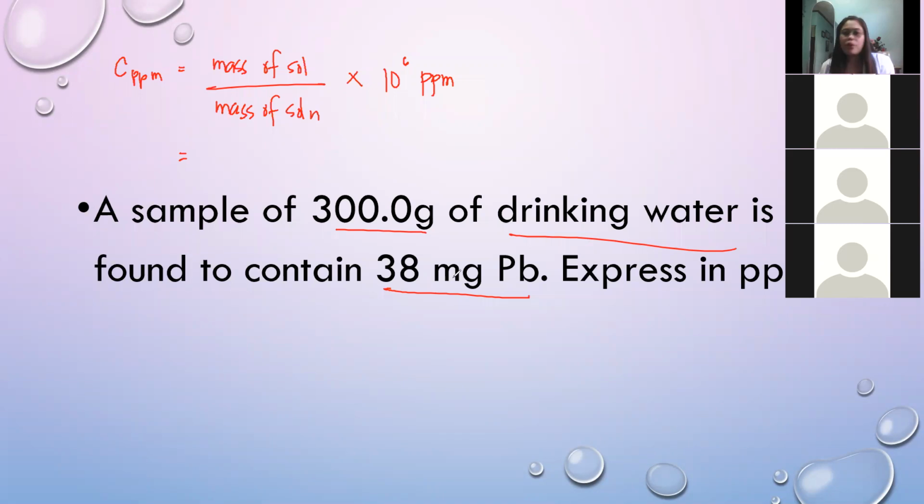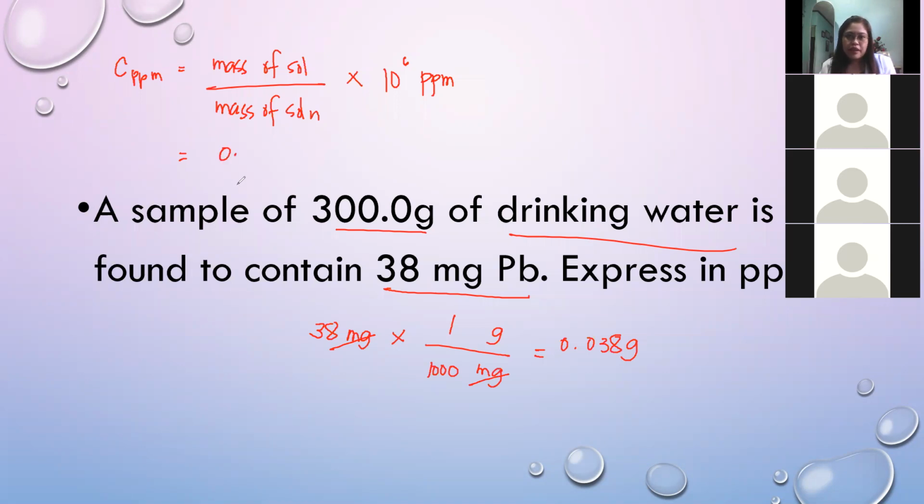You are free to convert grams to milligrams or milligrams to grams, but I would like to convert the 38 milligrams to grams. Milligrams at the bottom, grams at the top so they cancel. In one gram there are 1,000 milligrams. So 38 divided by 1,000 is 0.038 grams. Now that it is in grams, we can compute because we have the same unit.